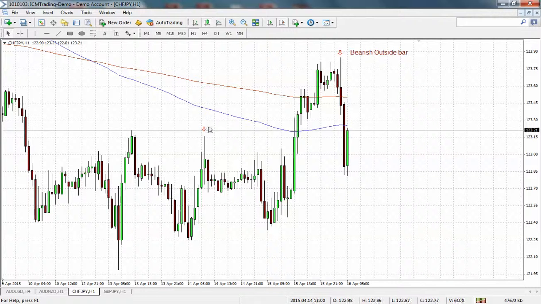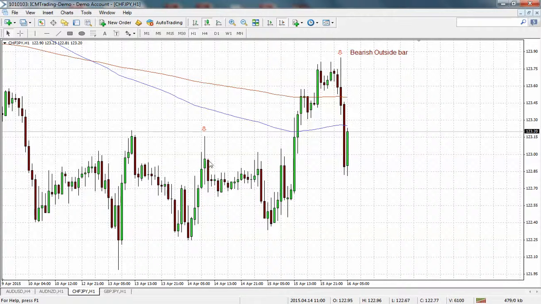You don't really want the tip of the pin bar to be fully extended like this. But still, for the sake of education, this is technically a pin bar because the open, the close, and the high of the bar are all within the range of the previous bar, and the tail extends outside of the range of the previous bar. So this is still a pin bar nonetheless.